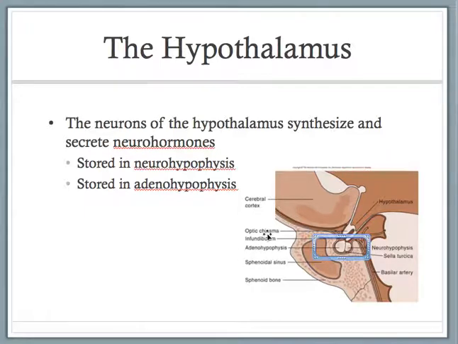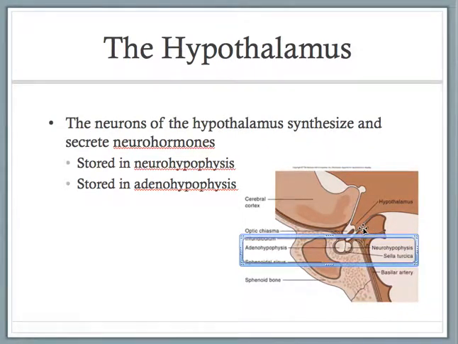So you've probably heard these referred to before as just anterior or front or posterior pituitary. I definitely want you to remember those terms. However, I want you to understand that we're going to call them by their physiologic names now: adeno for gland, glandular tissue, and neuro for CNS tissue.